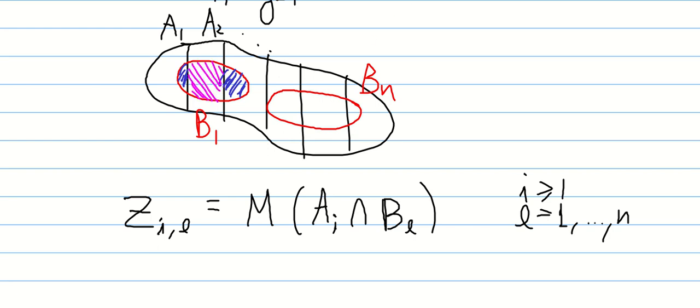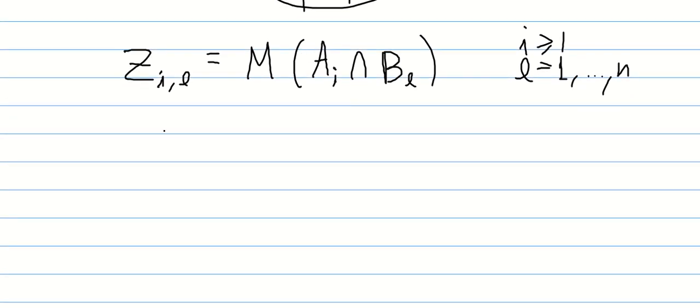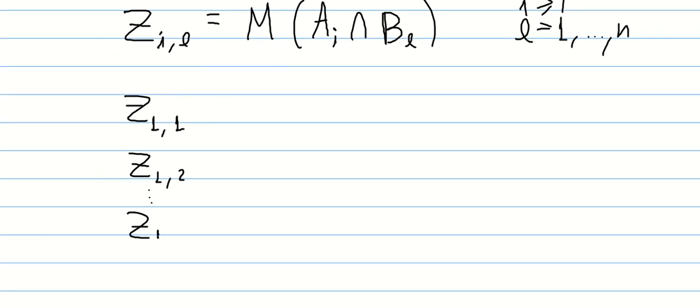So we split by both A's and B's. Now if we draw this as a kind of matrix, we have here Z_11, Z_12 until Z_1n, then Z_21, Z_22 until Z_2n, and it continues forever, potentially.